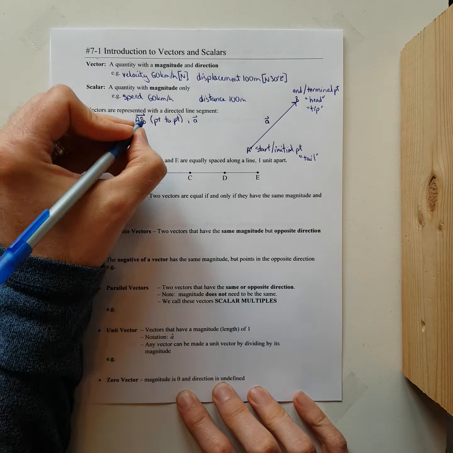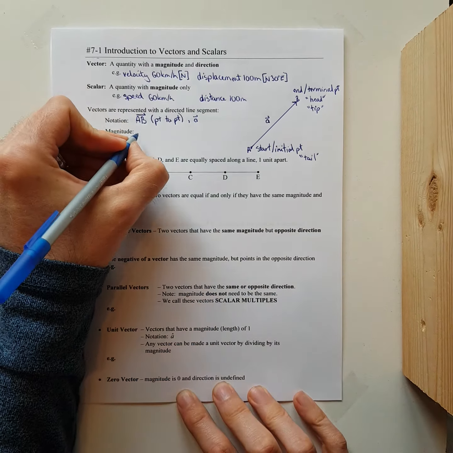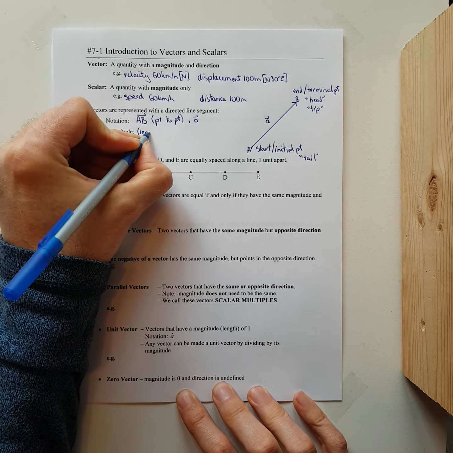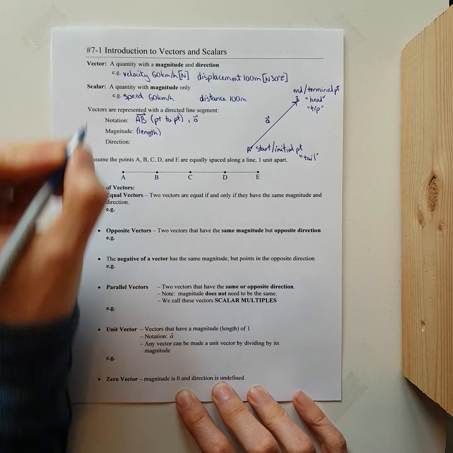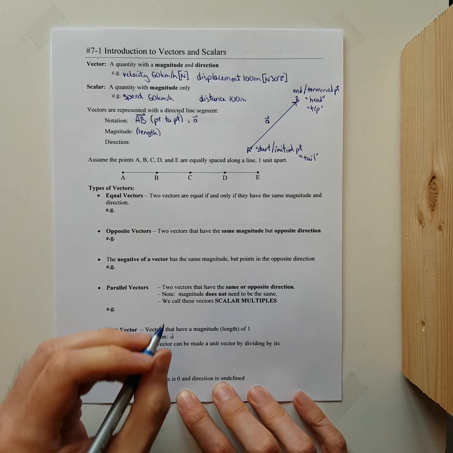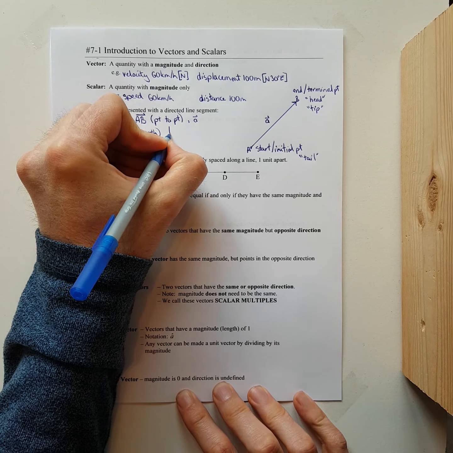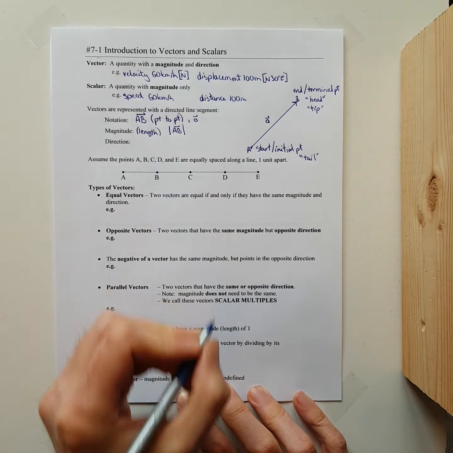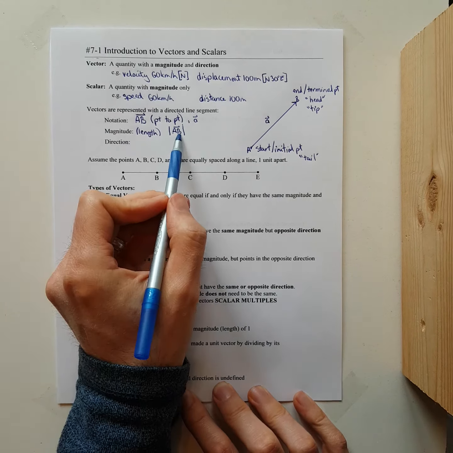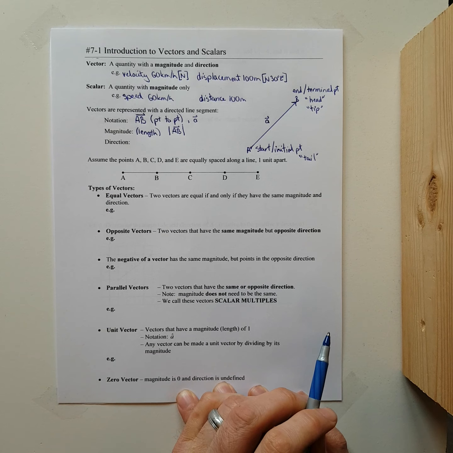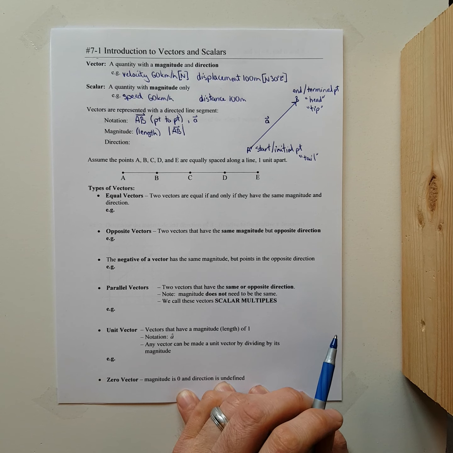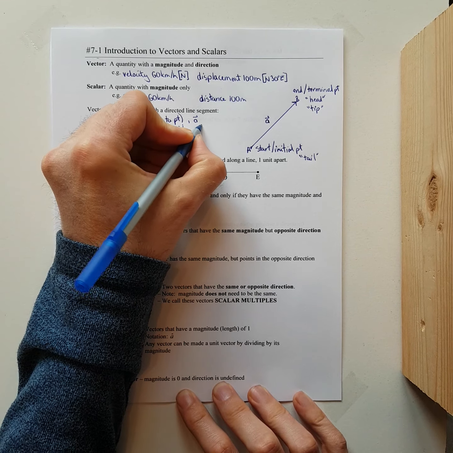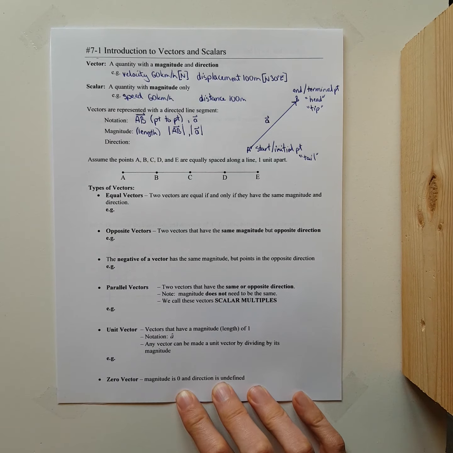To represent magnitude when we're drawing these directed line segments, what we're looking at is the length of that line segment. To represent that in notation, we write absolute value bars on both sides of the vector. So when you see a vector with the absolute value bars, it means we're talking about the magnitude of that vector. Likewise, we can do that with this notation here as well.